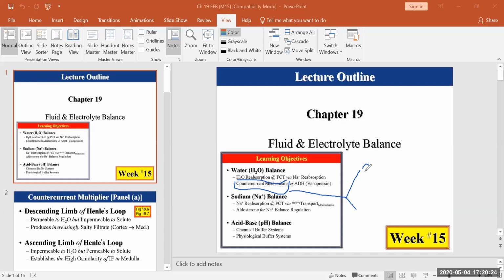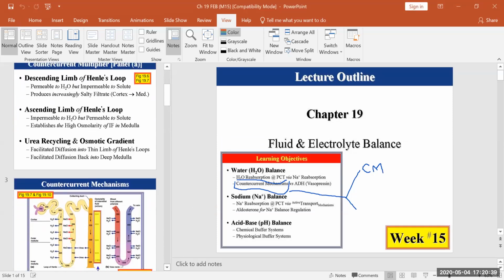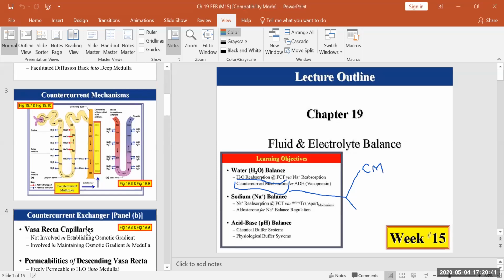There's a countercurrent multiplier, and there's a countercurrent exchanger.